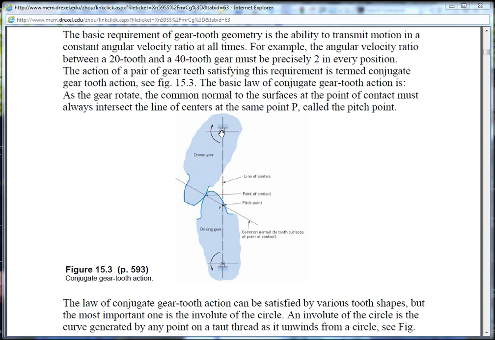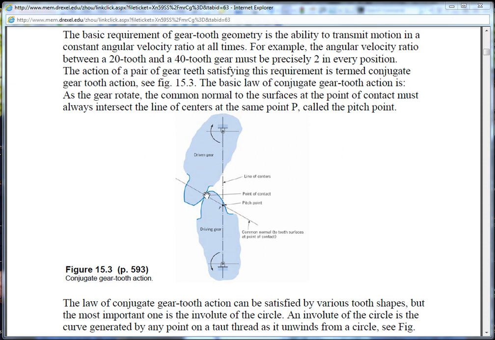the distance out from this driven gear right here is going to increase, whereas with a driving gear here, the distance out from the center is going to decrease. And so at first look, you might think, well, how can we maintain a constant angular velocity between the axles, because the gear teeth obviously can't be traveling at different velocities at that point.